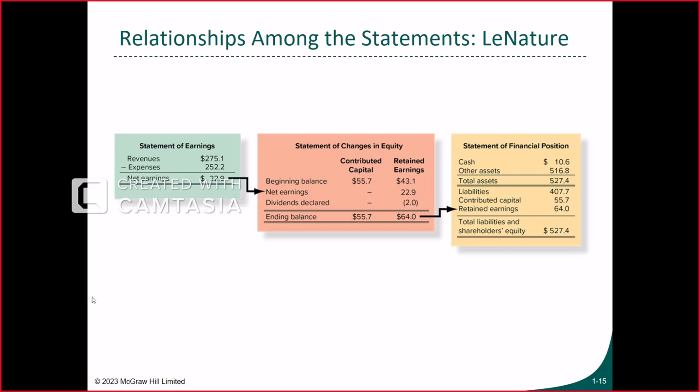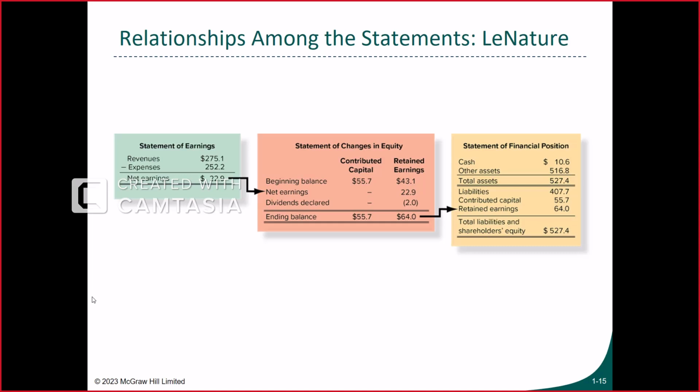Now, does this statement of financial position comply with the fundamental equation of accounting, and why? Can you see that this statement of financial position complies with the fundamental accounting equation? Yes, right? As you can see, the total asset, 527.4.